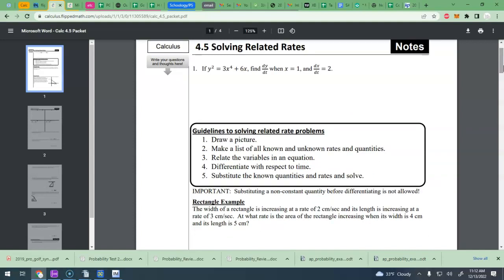So I'm going to do number one, and then I think 1 through 4 are similar. So I'll have you do 1 through 4, and then tomorrow we'll get into the rest with the story problems.